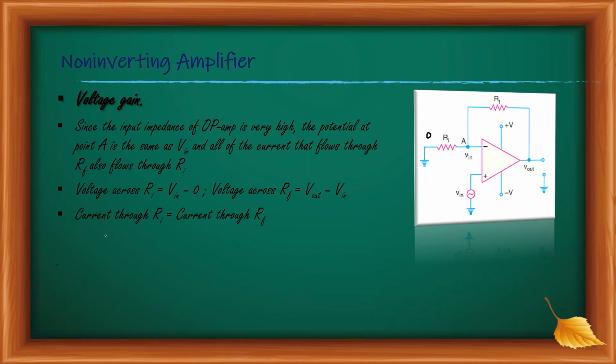Then we can write V in divided by Ri is equal to the voltage across Rf, V out minus V in, divided by Rf.